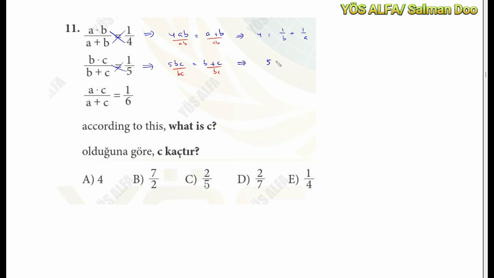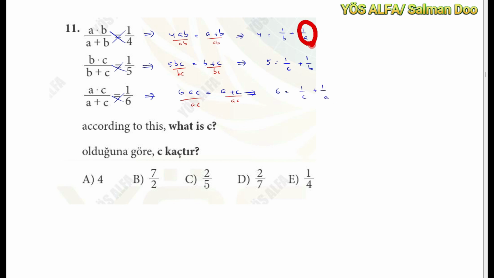So we get 5 is equal to 1 over c plus 1 over b. From the third equation, we do the same procedure. So we have 6ac is equal to a plus c, and we will divide both sides of the equation by ac. So we get 6 is equal to 1 over c plus 1 over a.